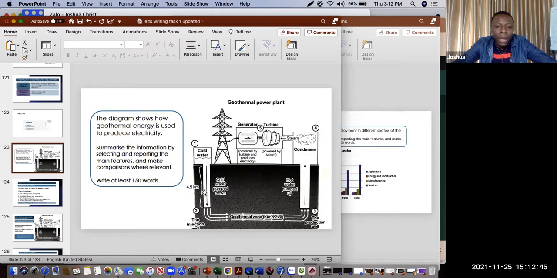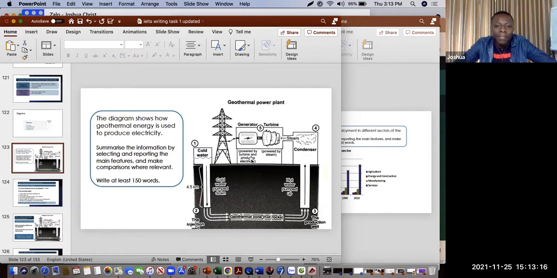What comes down here is the cold water. What goes up is hot water. And fortunately, with diagrams like this, you have every step written in there for you. So they are your main groups, and you need to talk about all of them. So we can see here the geothermal zone, hot rocks.